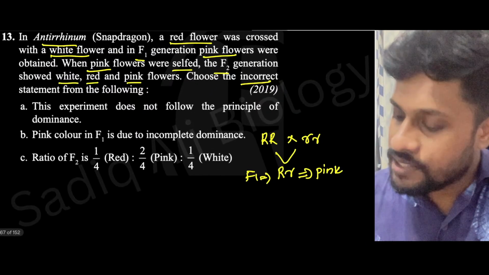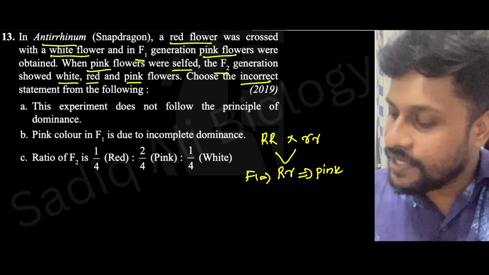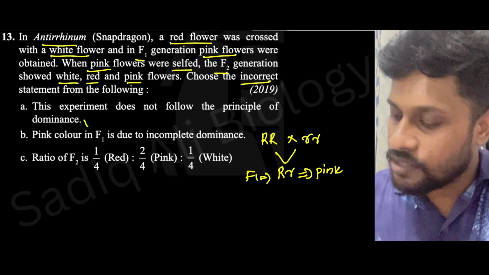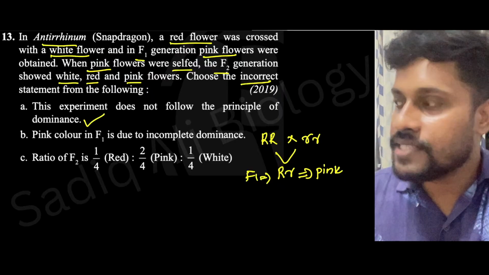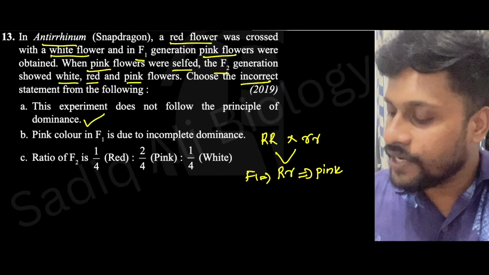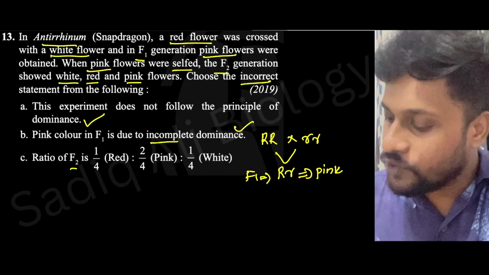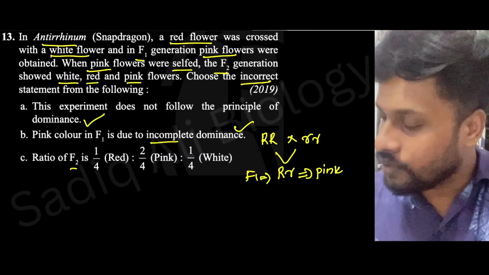In the F2 generation, white, red, and pink were obtained. This experiment does not follow the principle of dominance, which is true because this experiment shows incomplete dominance. Pink flower in F1 is due to incomplete dominance. True. Ratio of F2 is 1 is to 2 is to 1, which is true.